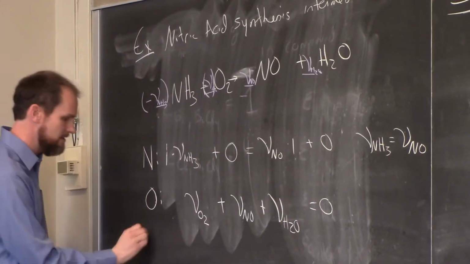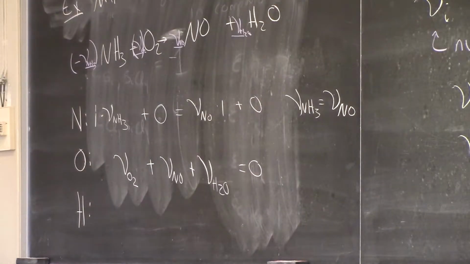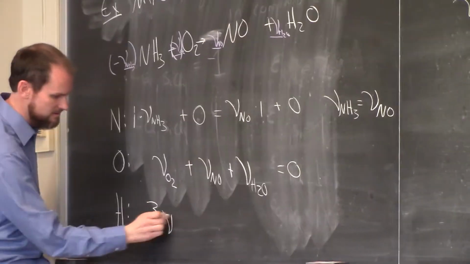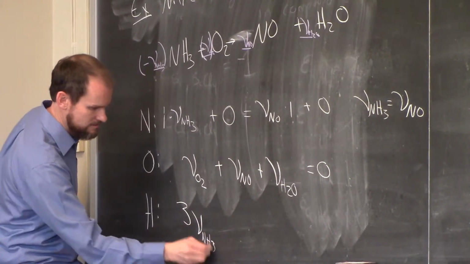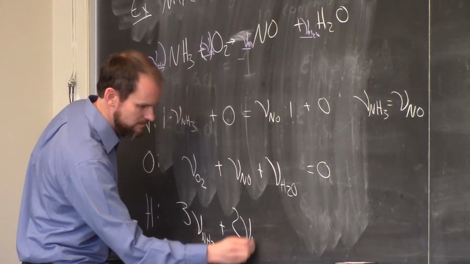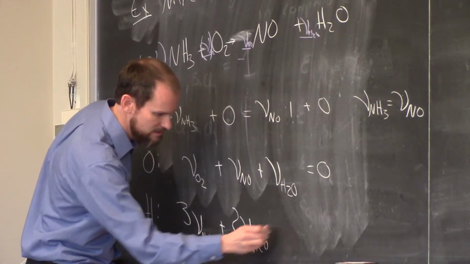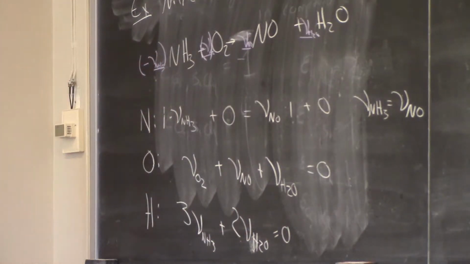With me still, how about H? Is it 3 nu NH3 plus 2 nu H2O equals 0?